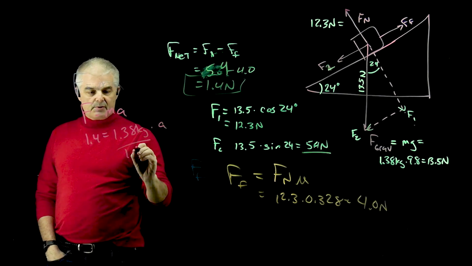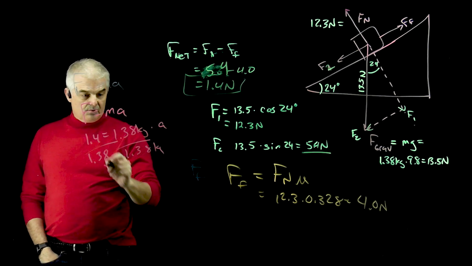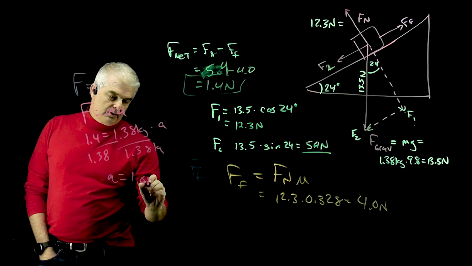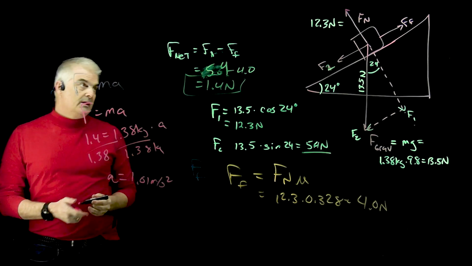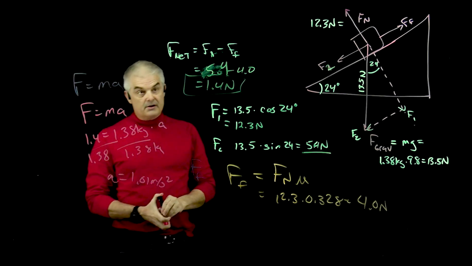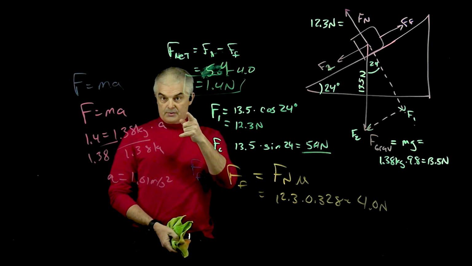Divide both sides by 1.38 kilograms. That's pretty close to 1, isn't it? So a, I got on my calculator, is 1.01 meters per second squared. So that's example 1. I know these are complex problems. Notice that on the worksheet, you're going to have whole pages to solve these problems. Let's do example 2.